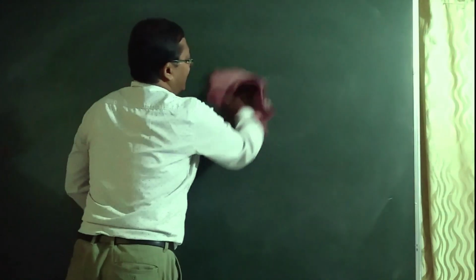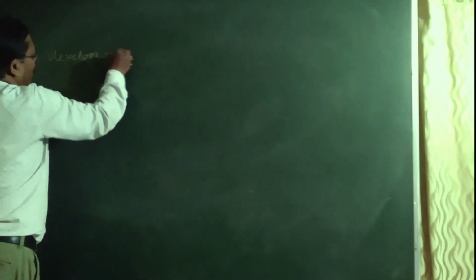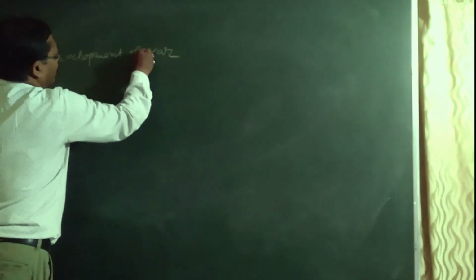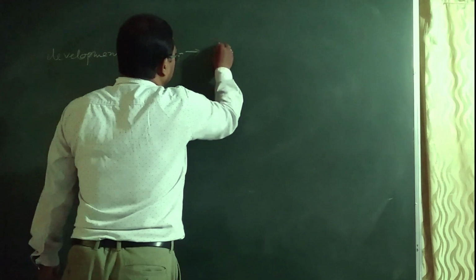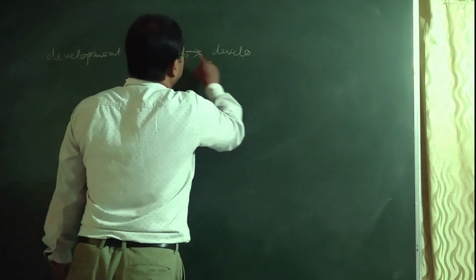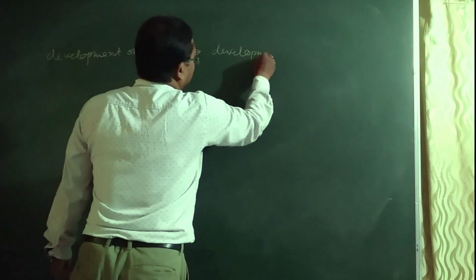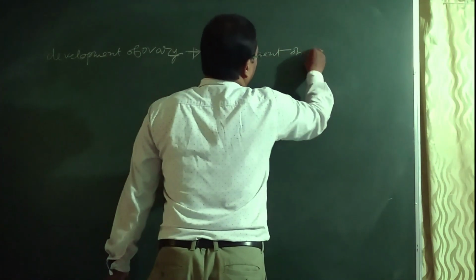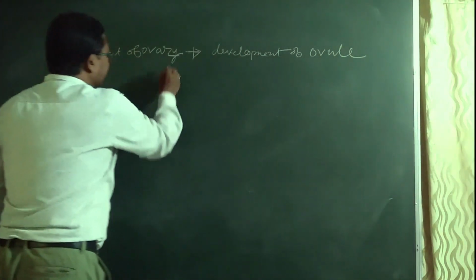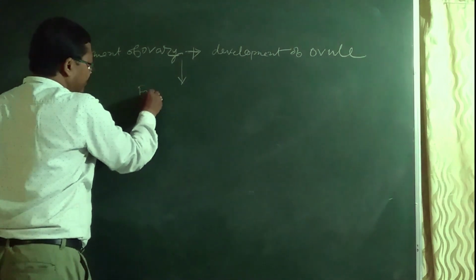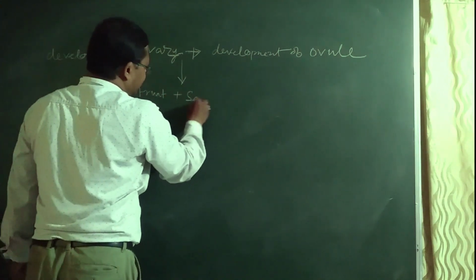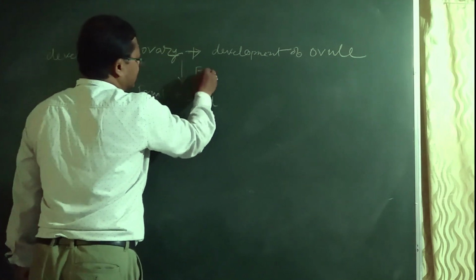First is the development of the ovary. Then the development of the ovule. Along with the development of the ovule, the seed and fruit develop by fertilization.